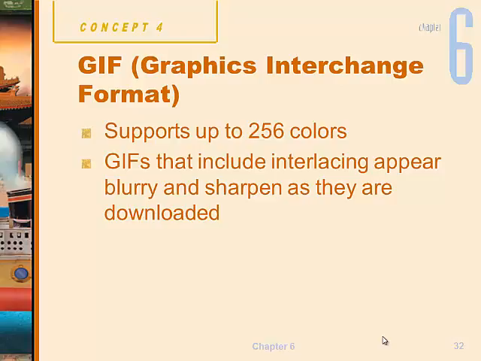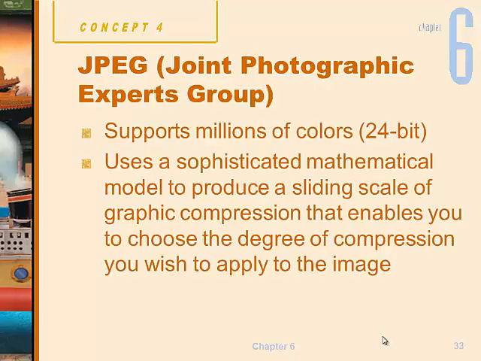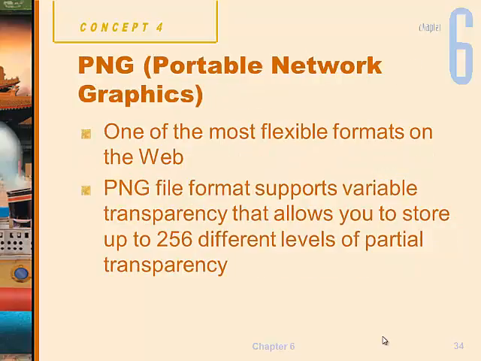They include interlacing, where images appear blurry and sharpen as they are downloaded. JPEG, or Joint Photographic Experts Group, supports millions of colors, 24-bit, and uses a sophisticated mathematical model to produce a sliding scale of graphic compression, which enables you to choose the degree of compression you wish to apply to the image.